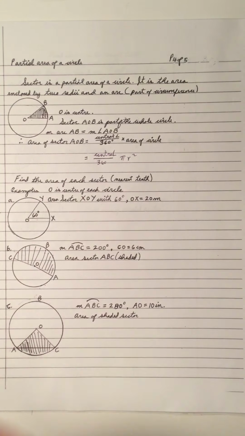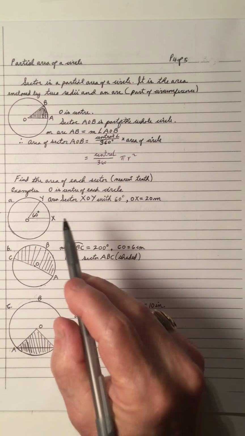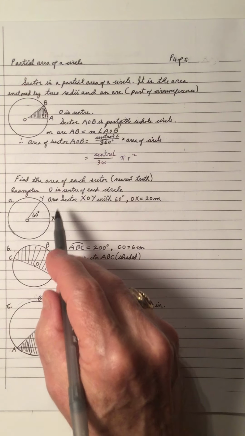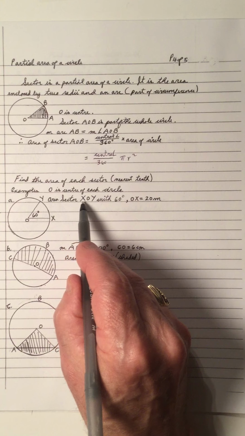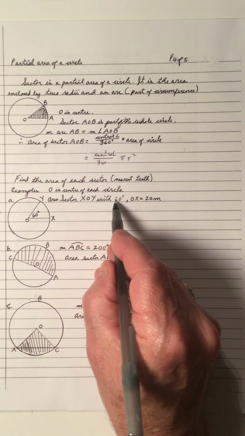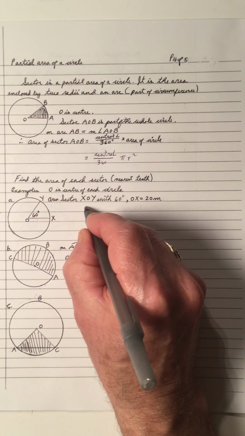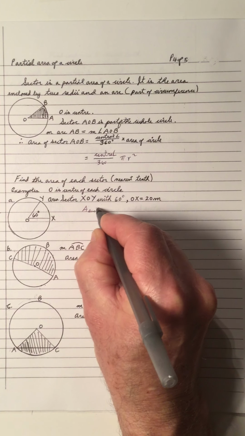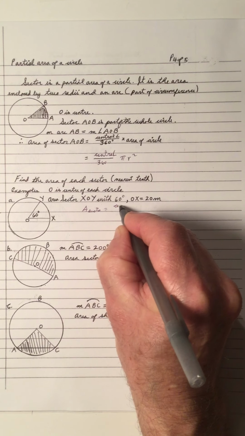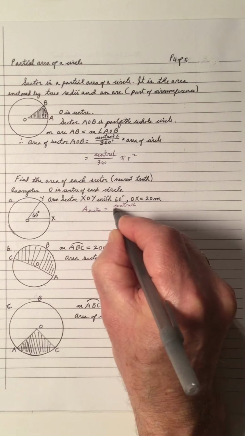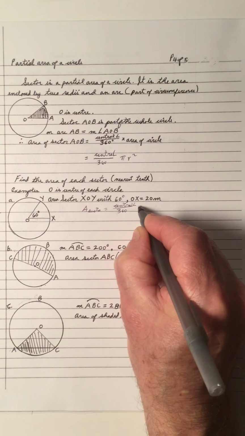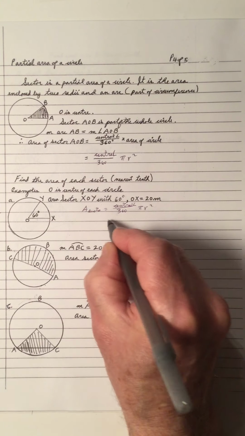Find the area of each sector to the nearest tenth. O is the center of each circle. So we have, find the area of the sector XOY with the 60-degree angle. The area of a sector is the central angle over 360 pi r squared.